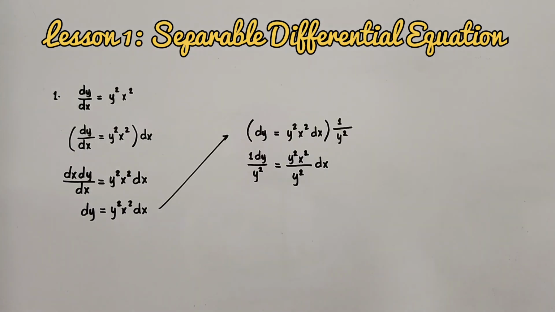After multiplying both sides by 1 over y squared, our equation becomes 1 dy over y squared equals y squared x squared over y squared dx. Observe now that on the right side of the equation, we can cancel y squared. So the equation becomes dy over y squared equals x squared dx.